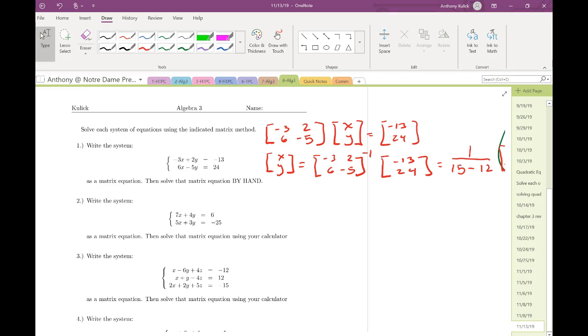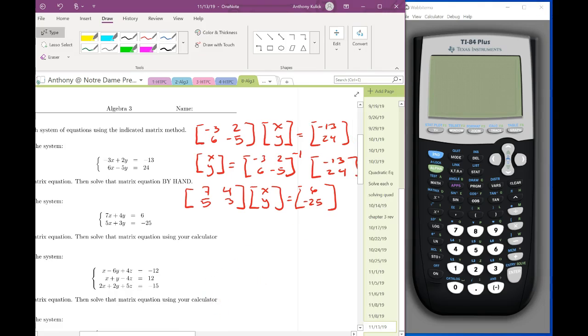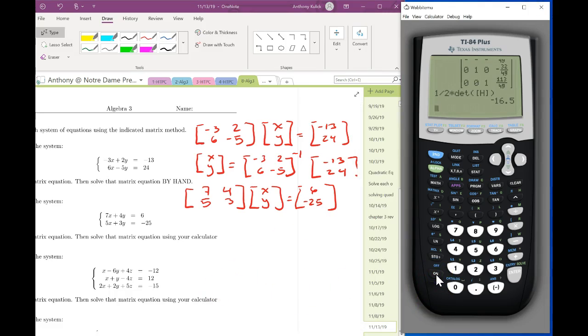So let's set up our system. So again, we have our coefficients matrix times our variable matrix equals our solutions matrix. And then at this point, I'm going to go to my calculator to solve this. So I'm going to go ahead and enter in matrix A, or the coefficients matrix into matrix A. You can see I've already done that in advance of the class.